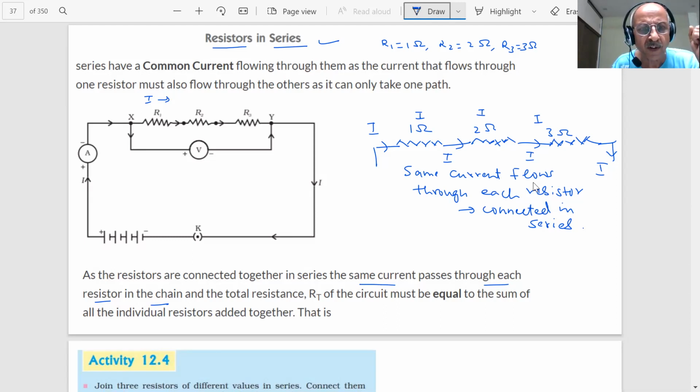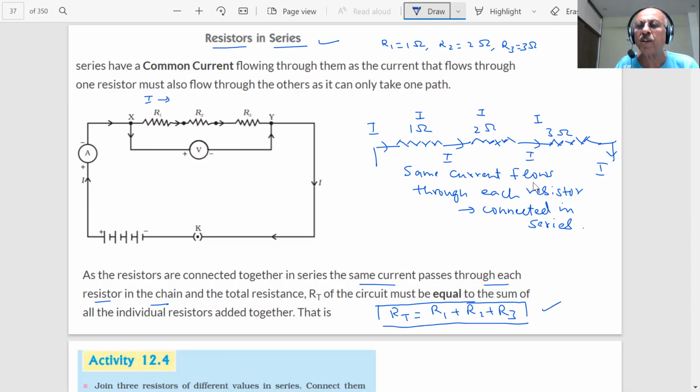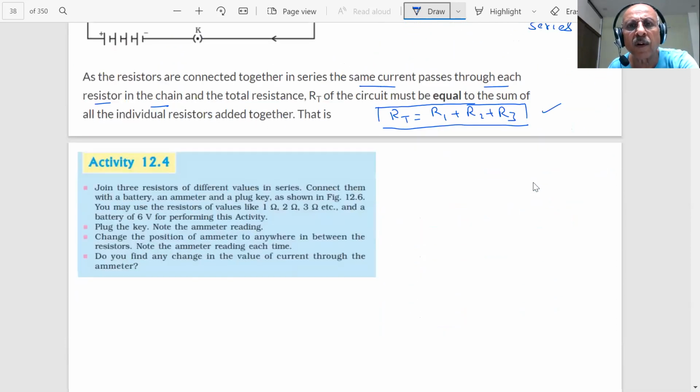In such cases, when they are connected in series, RT, the total resistance, will be equal to the sum of R1 plus R2 plus R3. Let's see, can we prove this experimentally? We will perform an experiment in the physics lab and prove it. Let us see what we are doing, students.